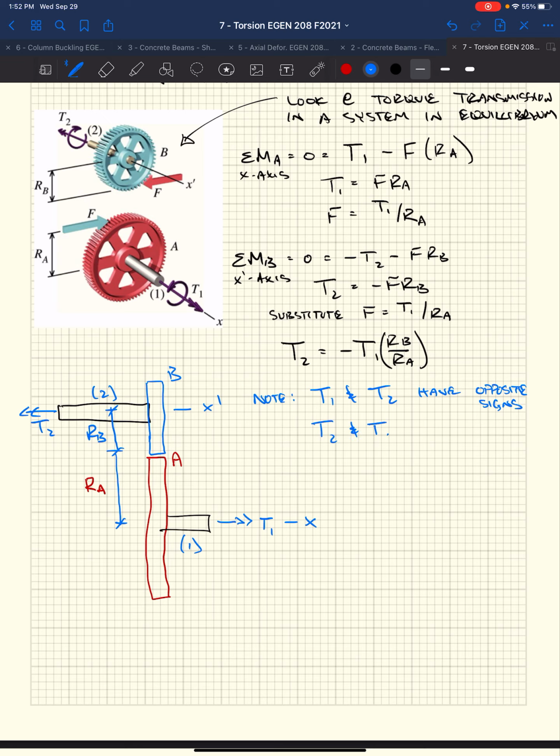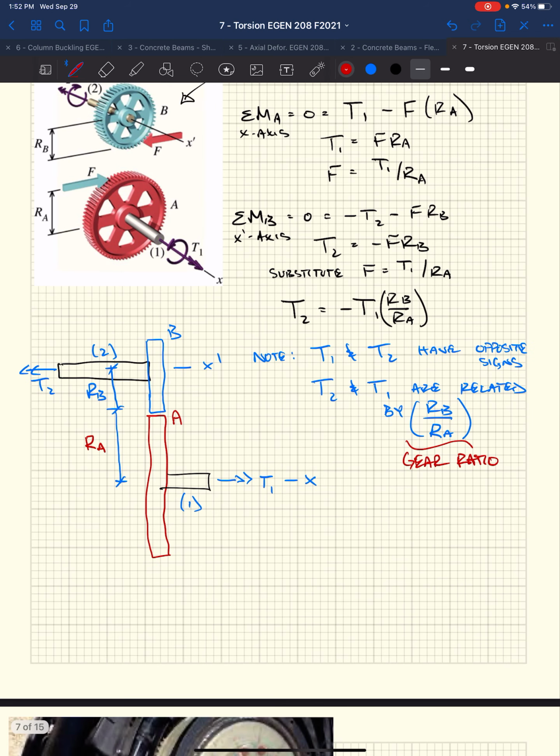Also, T2 and T1 are related by RB over RA. This is our gear ratio. Pretty cool, right?